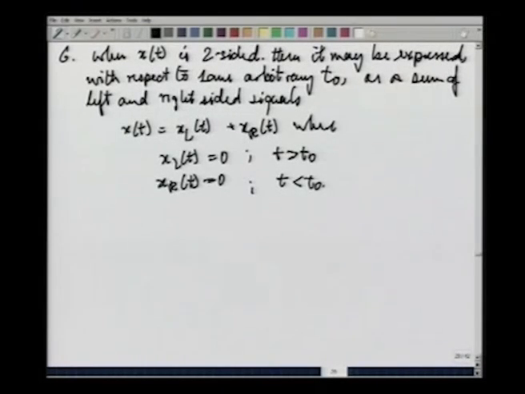Now, x R t will have a right sided ROC, x L t will have a left sided ROC.